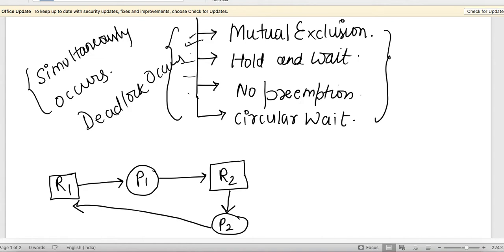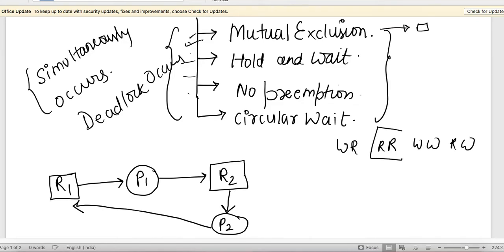Mutual exclusion says that no two processes can share the resources. If it is with process P1, then it should not be granted at the same time to process P2. See, you would have studied in DBMS, right? That read is allowed, or let's suppose read-read is allowed, and then there is write and read.